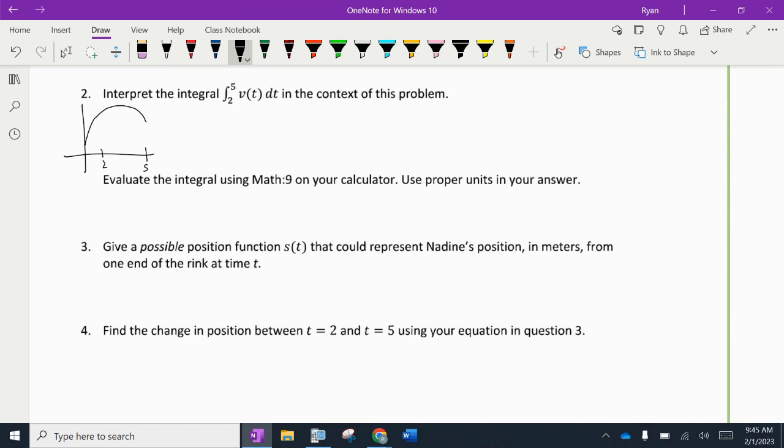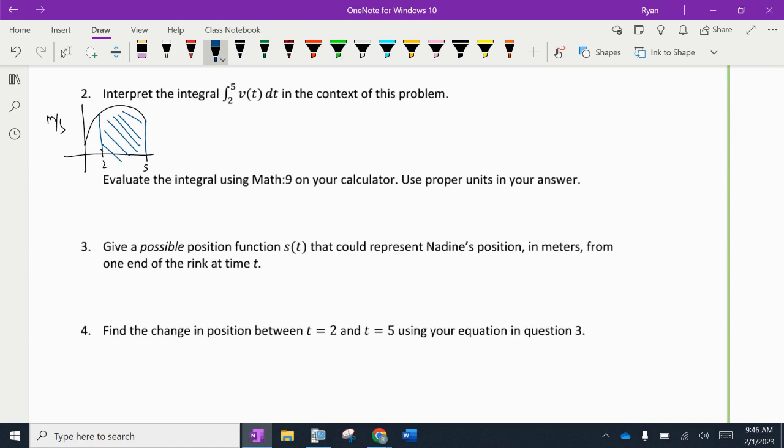The vertical axis is the velocity in meters per second. And so far, when we see that integral symbol, we're thinking about it as an accumulator. It's accumulating all of the area under the curve. So if I find the area under the curve from 2 to 5, what would that unit be?